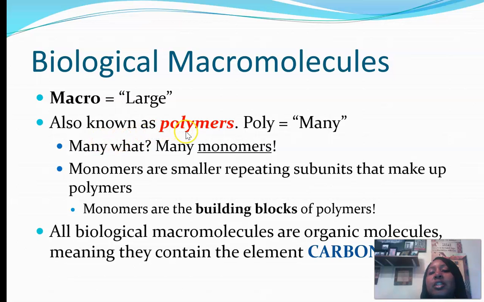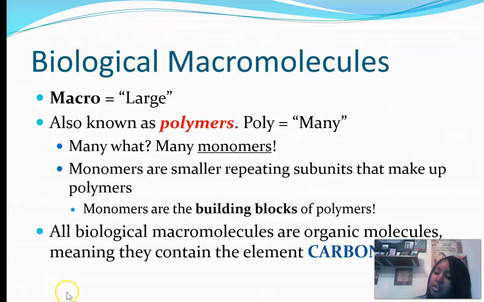Macromolecules are also known as polymers. Poly equals many. And so many what? Many monomers. Monomers are the smaller subunits that make up the polymers or the macromolecules. So the monomers are the building blocks of those macromolecules. All biological macromolecules are organic molecules, and that means that they contain the element carbon.